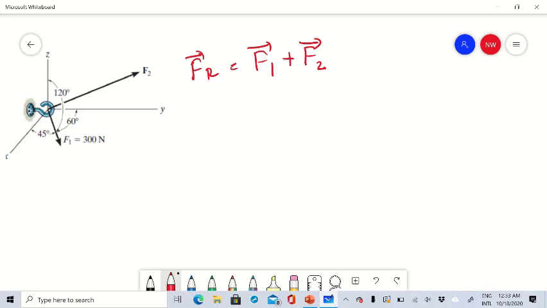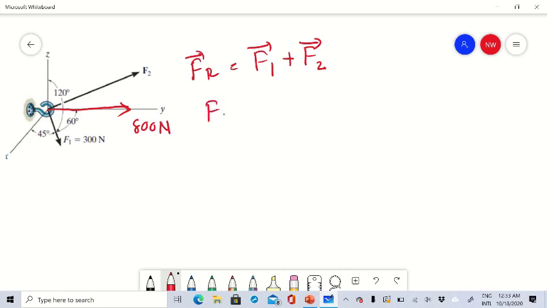If I express Fr in Cartesian vector notation, we know Fr is in the y direction, so the magnitude is 800 Newton.